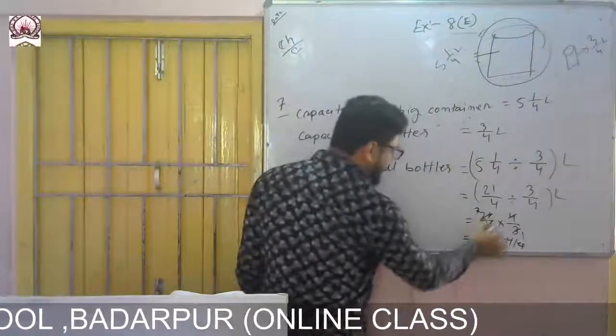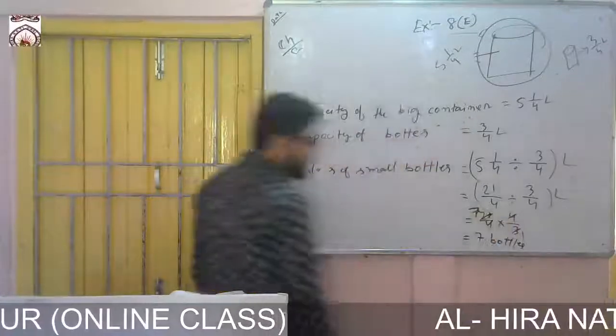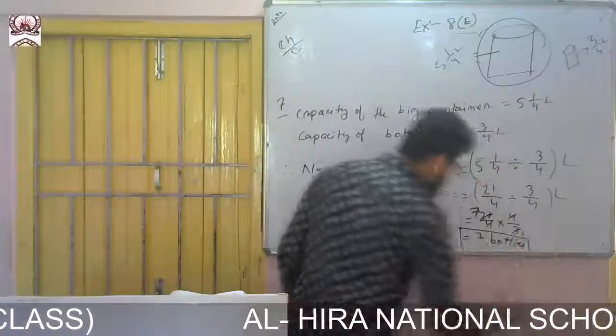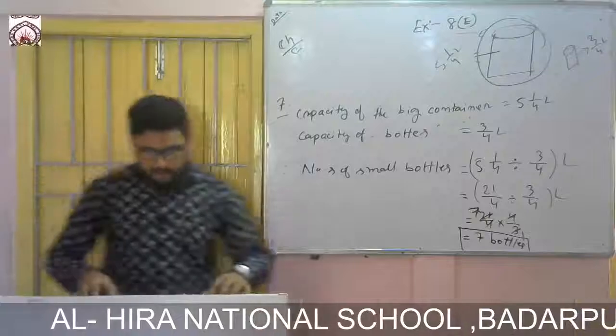How? I have cancelled 4, 3 1s are 3, 3 7s are 21. So 7 bottles needed. That is the answer. Now come to the last question for today.